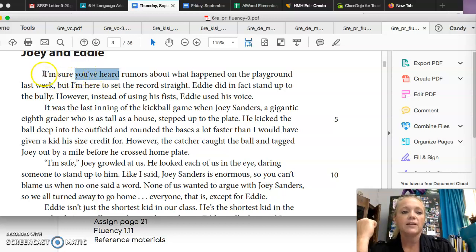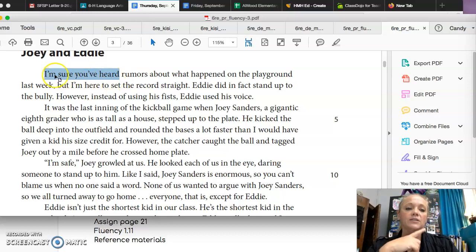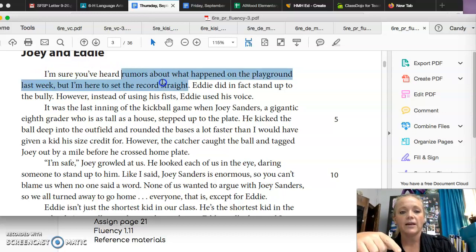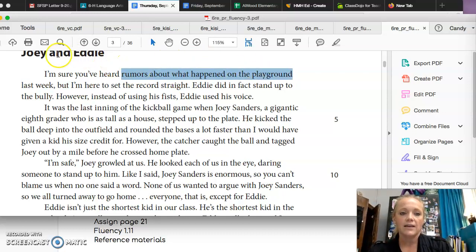So I might be reading, I'm sure, but my eyes have already jumped ahead. And we kind of talked about how eventually your eyes will scan, I'm sure you've heard, and as your mouth starts to say that, then your eyes jump ahead to the rest of the line. So even as you're saying, I'm sure you've heard, your eyes are reading this.